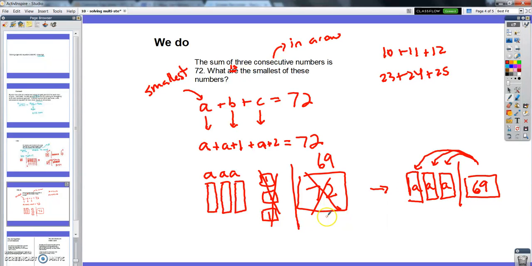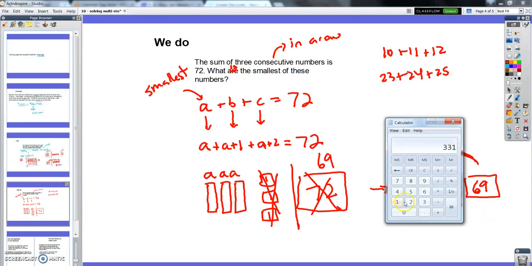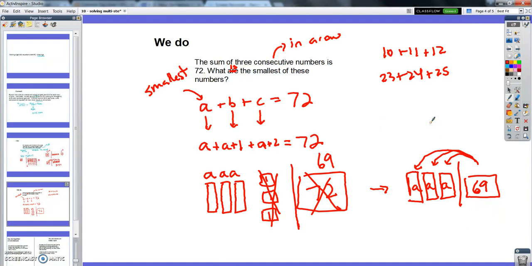Some number 3 times equals 69, I believe it's 23. So a equals 23. That means the smallest number is 23.